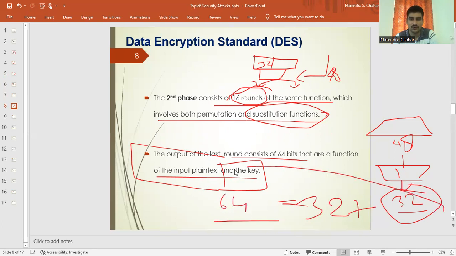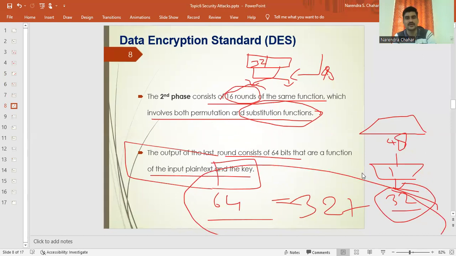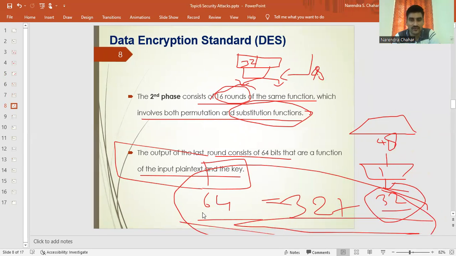All the permutations, expansion and substitution are mathematical functions applied here. After that, we substitute that, and we conclude that only 64 bits will be here.